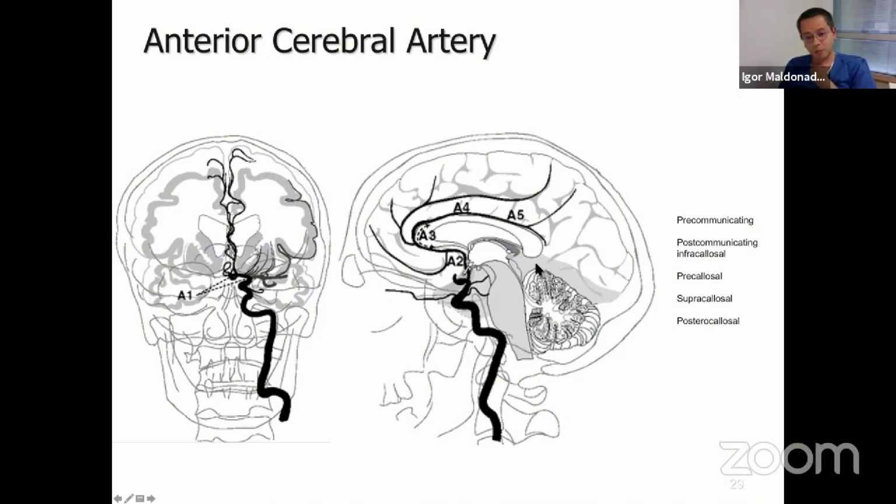Posterior callosal artery comes from the PCA, so you have an entire circle that may be present around the corpus callosum, and the emergence of the callosomarginal artery, which is also quite variable, sometimes more inferior, sometimes more superior.